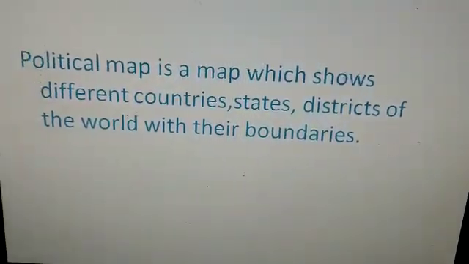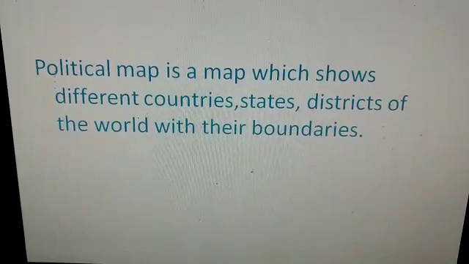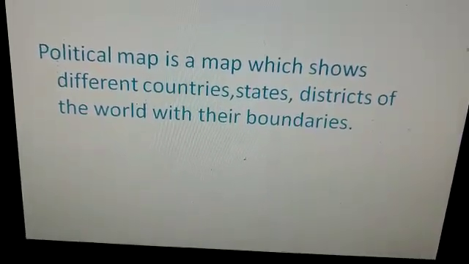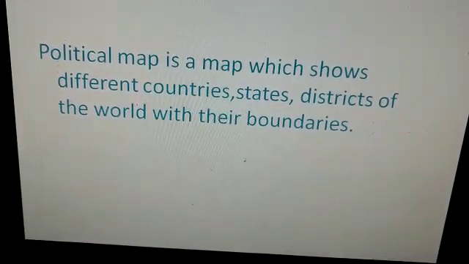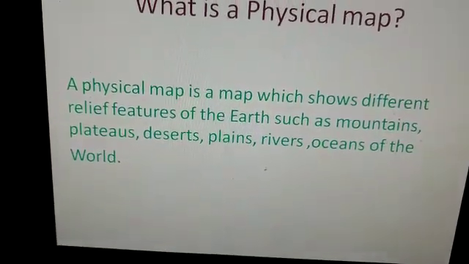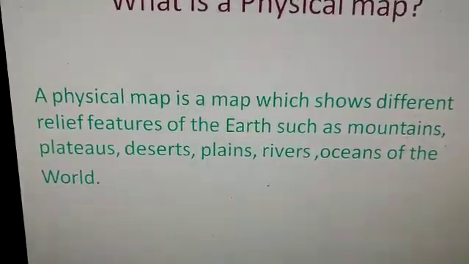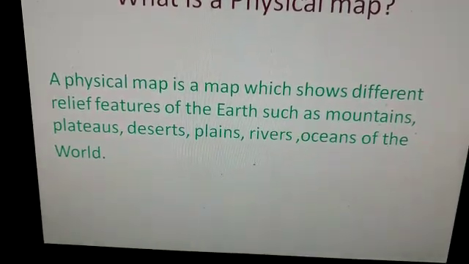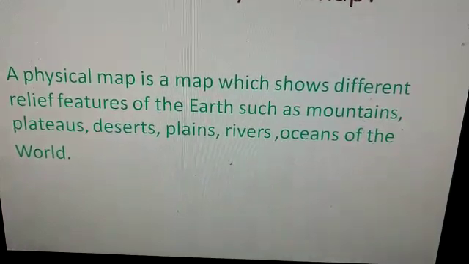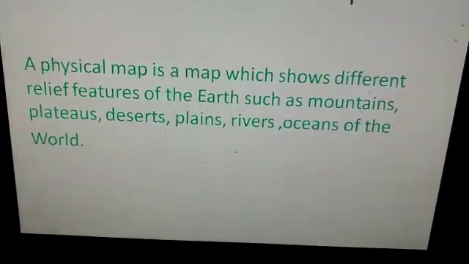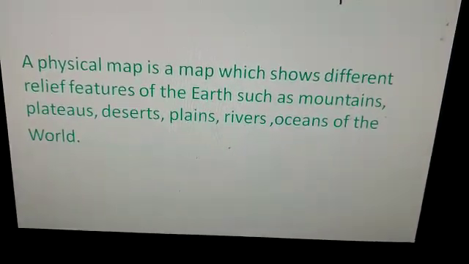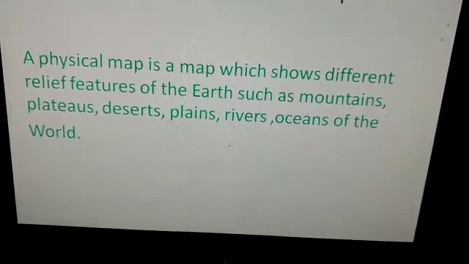So what is a political map? A political map is a map which shows different countries, states, districts of the world with their boundaries. What is a physical map? A physical map is a map which shows different relief features such as mountains, plateaus, deserts, plains, rivers, oceans of the world.